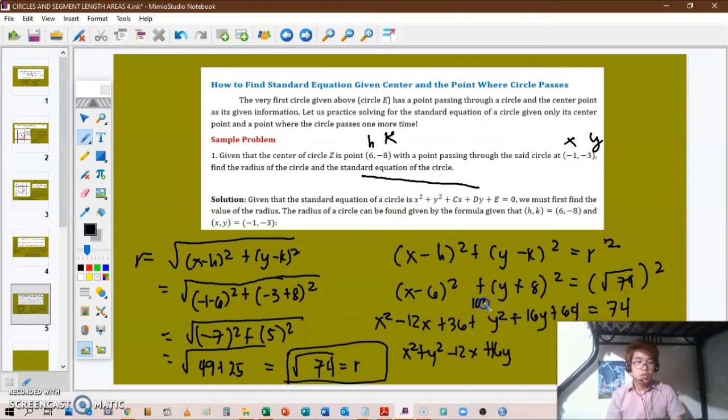So this is 100, then minus 74, so that's going to give us positive 26 is equal to 0. And this is the standard equation of our circle: x² + y² − 12x + 16y + 26 = 0, plus 26 since this is 36 plus 64, and then minus 74 is equal to 26.